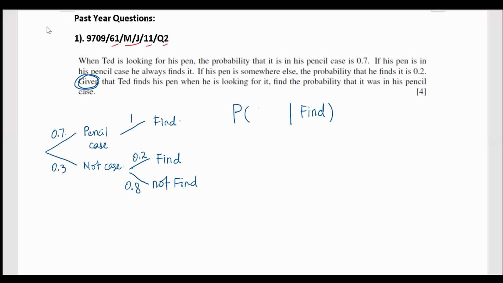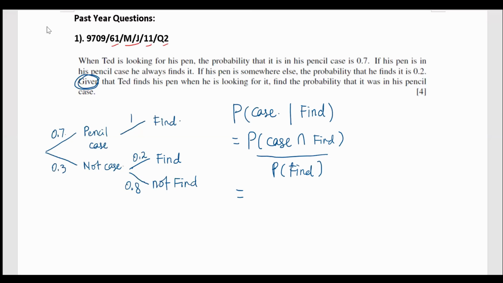So in his pencil case. According to the formula, we are finding the probability that it is in his pencil case and he finds it, divided by the probability that he finds it.